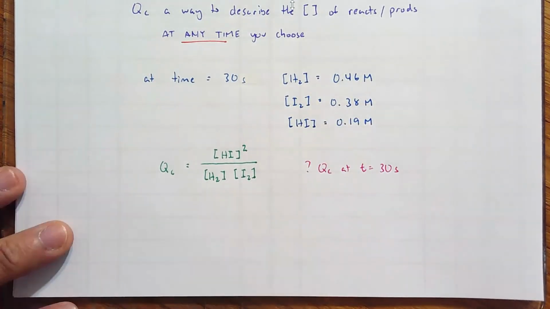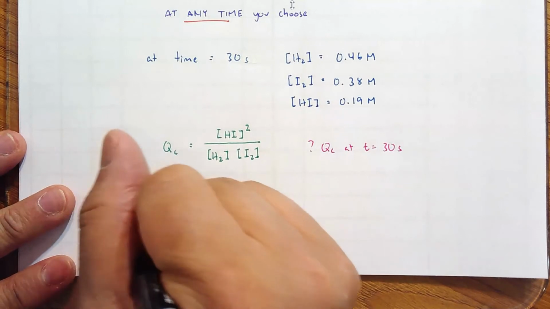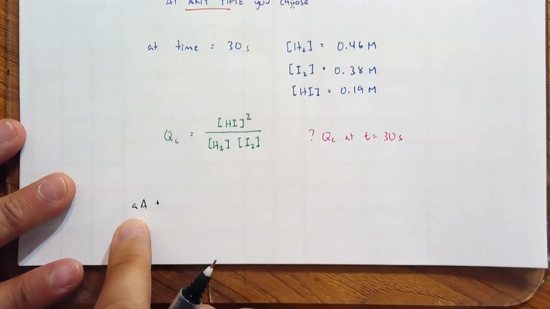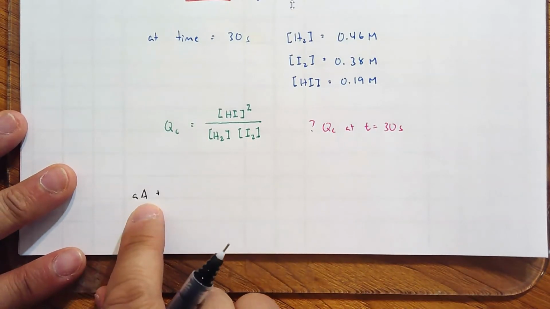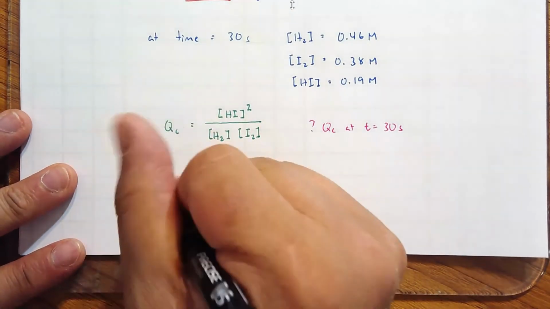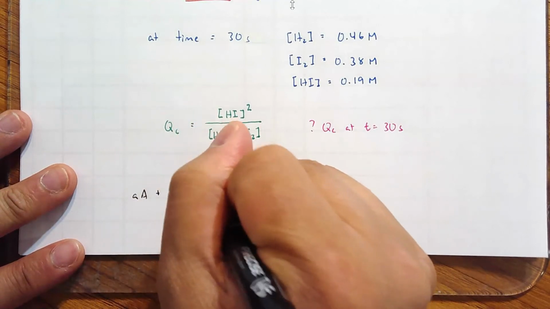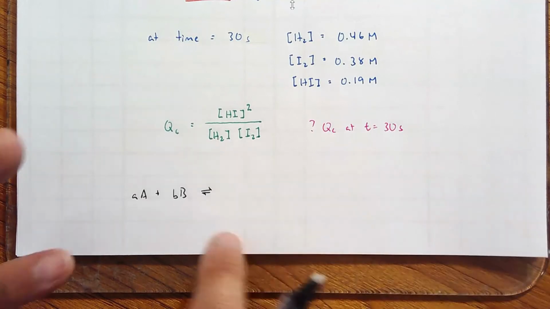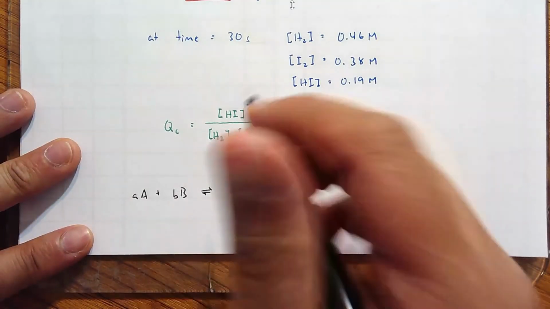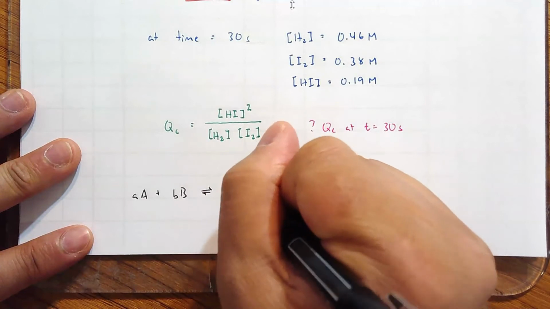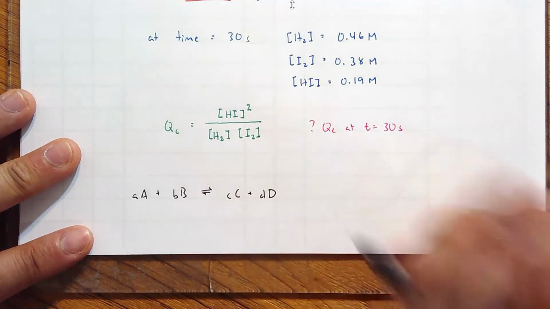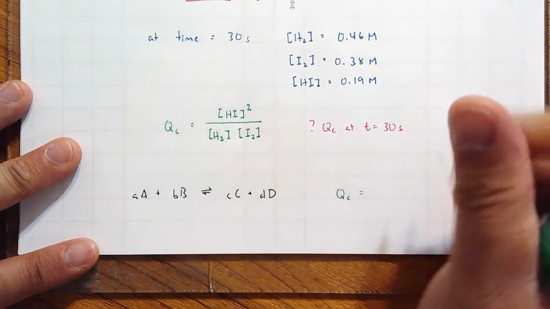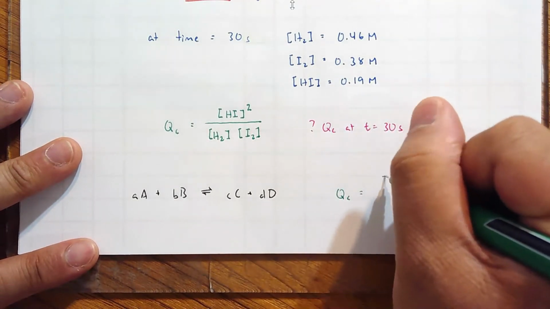But in general, if we have a reaction that's, for instance, a A, so that's coefficient of little a for the molecule big A, plus b B, where it can go in the forward and reverse direction, and we get c C plus maybe d D. Your QC equals products over reactants.